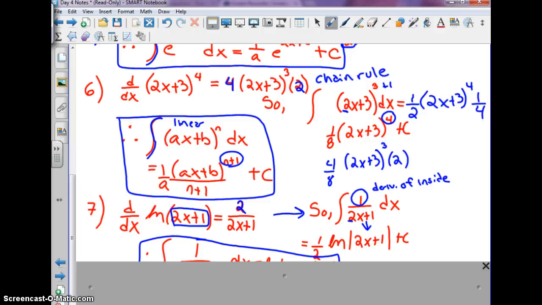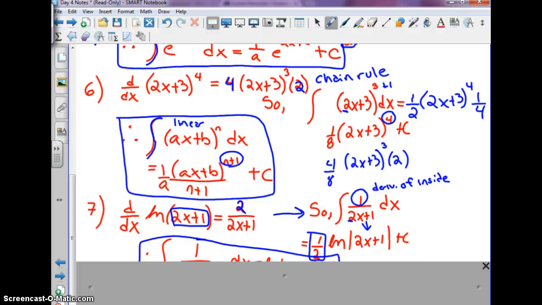However, the derivative of the inside is 2, and I didn't have a 2. I had a 1. So in order to not have a 2 there, I would have to multiply by 1 over 2, or divide by the derivative of the inside in order to get rid of it, because I didn't have it there in my original problem. All right, so instead of multiplying by the derivative of the inside, we're going to divide by the derivative of the inside.